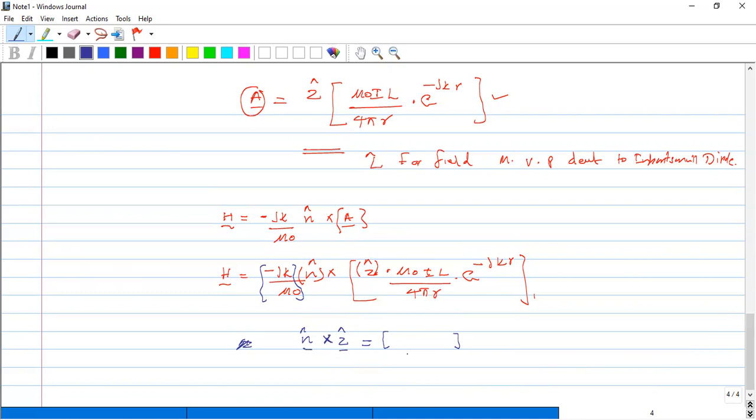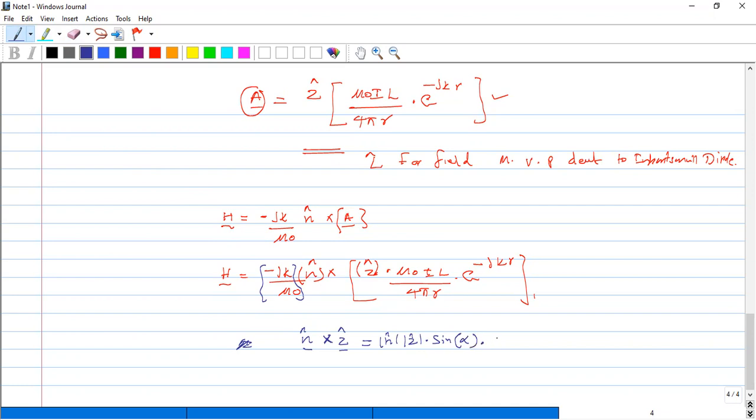So if you want to find the cross product of these two, you can find it by taking n hat magnitude, z hat magnitude, sine of the angle between these two vectors.